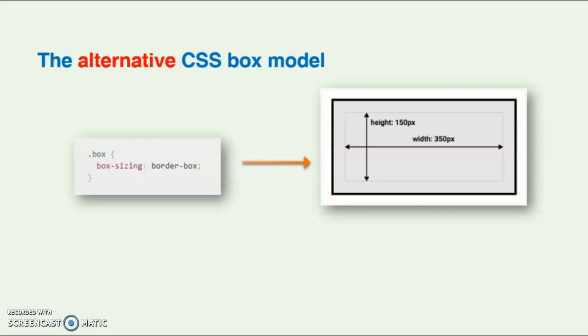By default, browsers use the standard box model. If you want to turn on the alternative box model for an element, you do so by setting box-sizing: border-box on it.